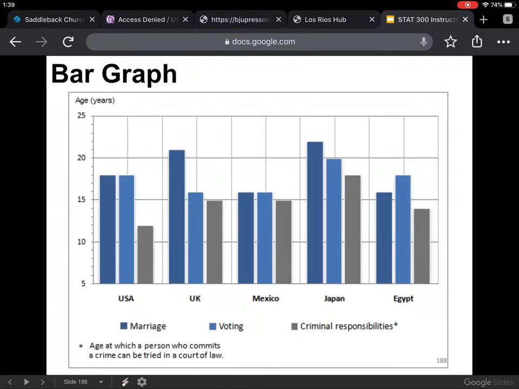Here's another example of a bar graph. In this case, we're actually using several different bar graphs and putting them together. So this graph shows us the age that you can marry in a certain country, vote, and then be held liable for criminal responsibilities. And it looks like in the USA, we have 18 here for marriage and voting. And then for criminal responsibilities, we have something a lot less, 12 years old.